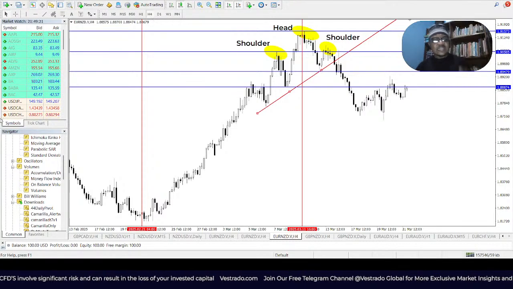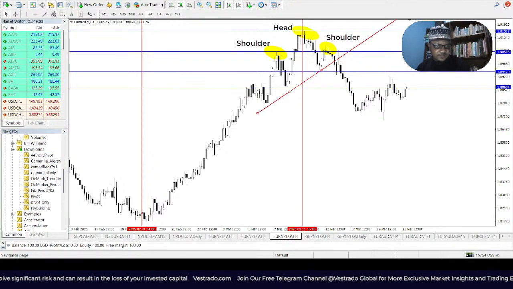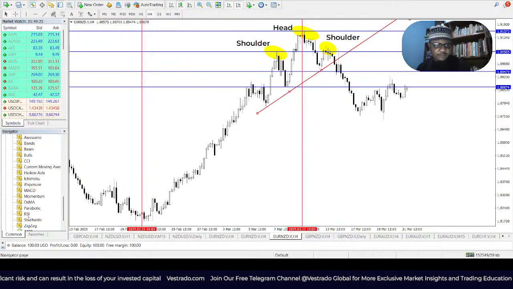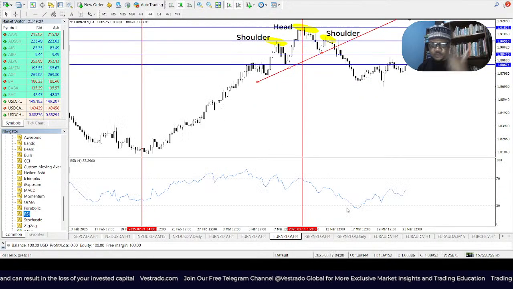heads and shoulders. Is it overbought? Let's check. Was it overbought right there? Definitely. There's nothing you want to tell me. Look at it. Nicely overbought. Was there divergence? Yes. Follow the line.